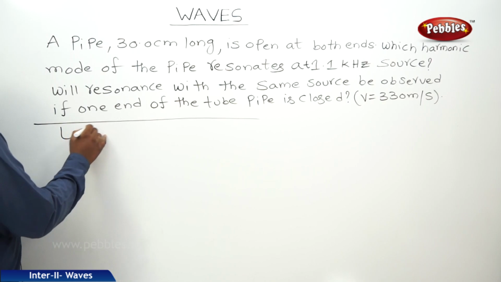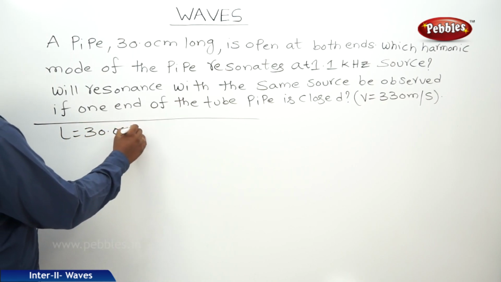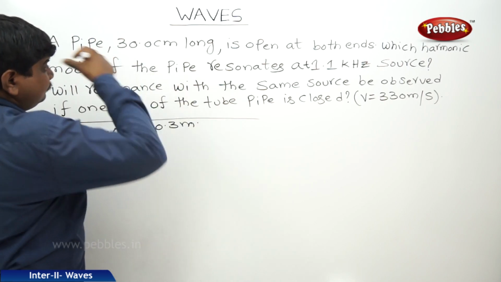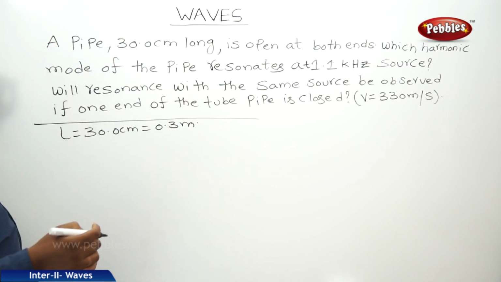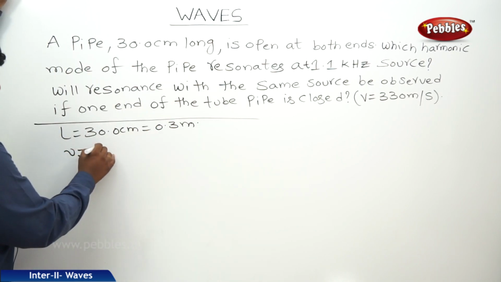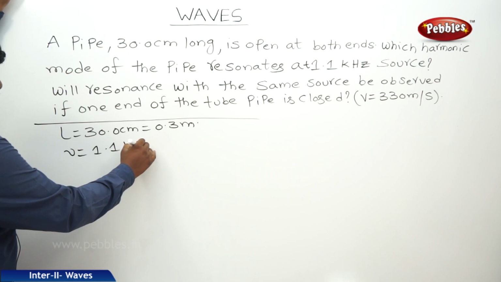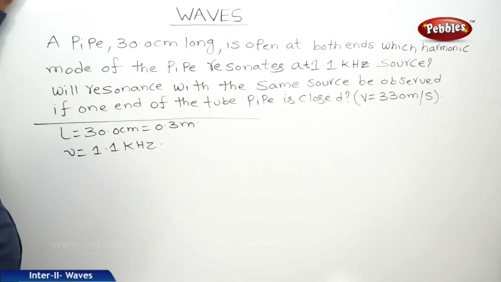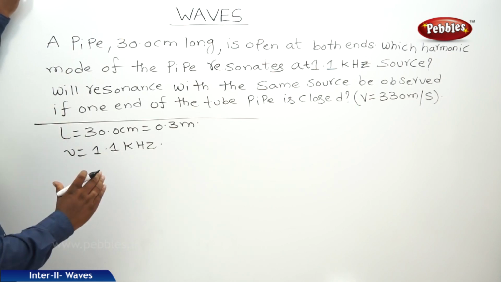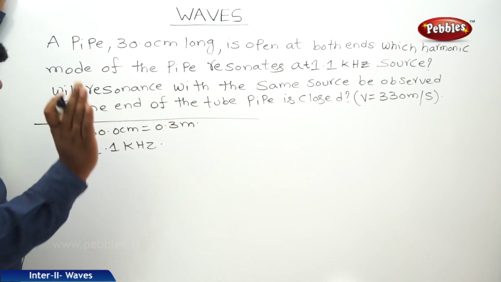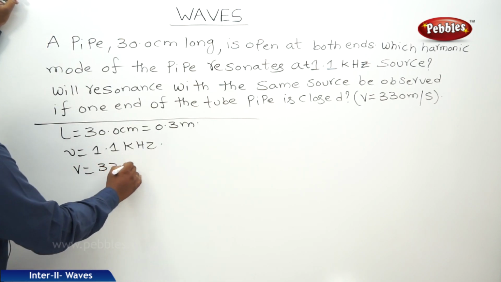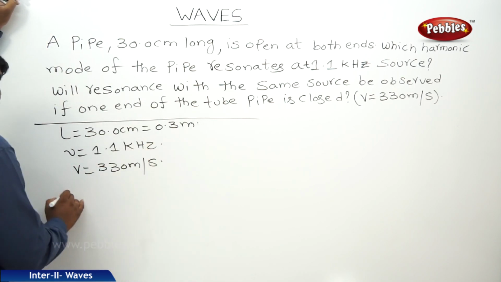The length of the tube is 30 centimeters, 0.3 meters, and it resonates at both ends open. Frequency ν is equal to 1.1 kilohertz. We should observe whether the same resonance will appear if one end of the pipe is closed. V is equal to 330 meters per second.